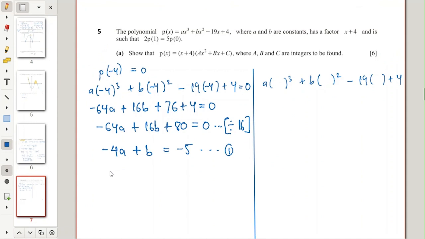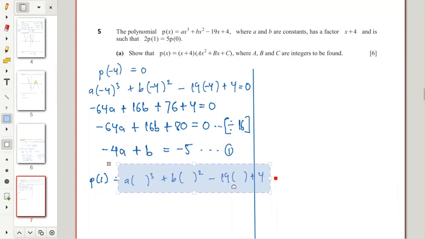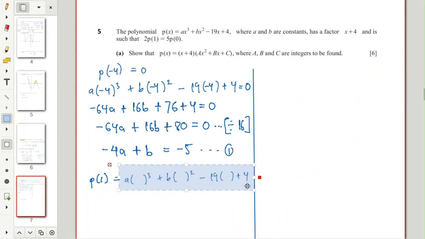Now, when I have this one, p of 1, let's see. Okay. This question will take your time. So 1, 1, 1. This will give me, when I finish, I'll multiply by 2.